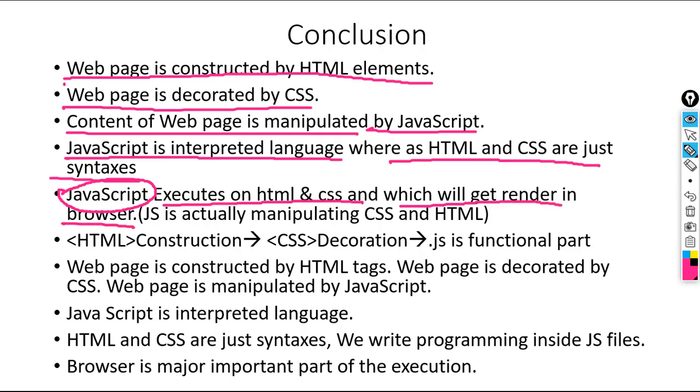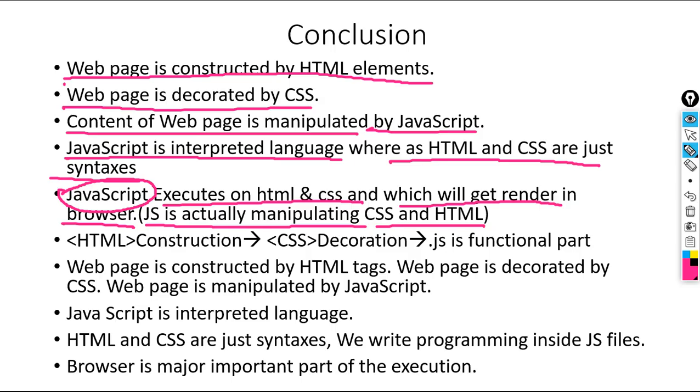The code which we have written in JavaScript will be executed on HTML and CSS, and this will get rendered in the browser. JavaScript is actually manipulating CSS and HTML.